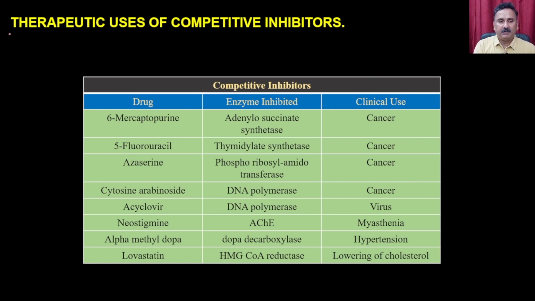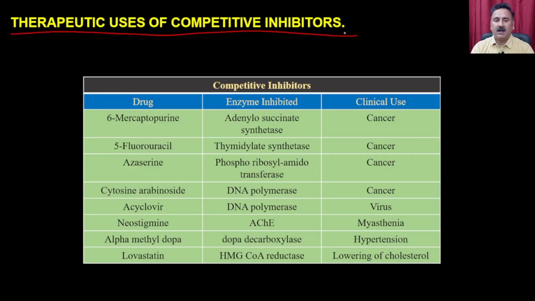Competitive inhibitors are easy to design, because you know the size of the active site and you know the size of the inhibitor, so you have many tools to develop competitive inhibitors. And there are many of these competitive inhibitors like 6-mercaptopurine, 5-fluorouracil, azacitidine, cytosine, and so on. They have very extensive applications in the field of cancer, viruses, and more.